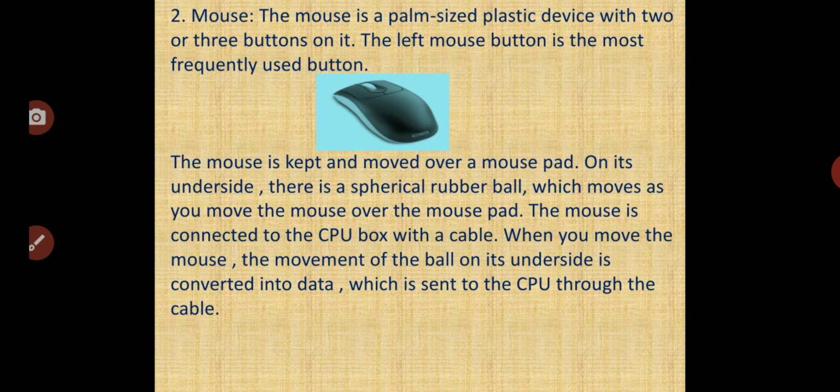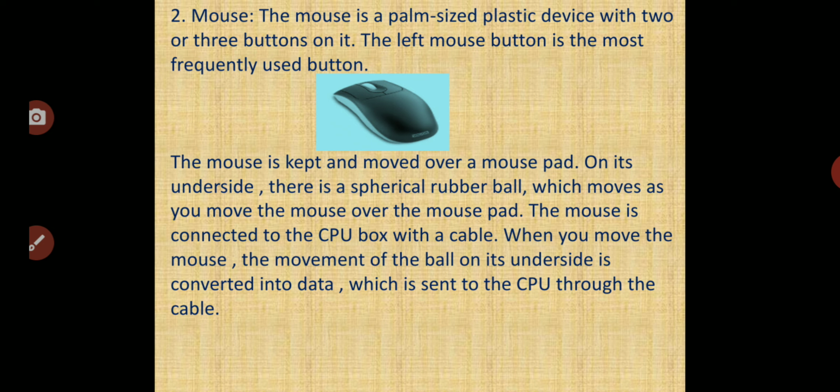The mouse is connected to the CPU box with a cable. When you move the mouse, the movement of the ball on its underside is converted into data, which is sent to the CPU through the cable. Means the mouse is also connected with the CPU box with a cable.